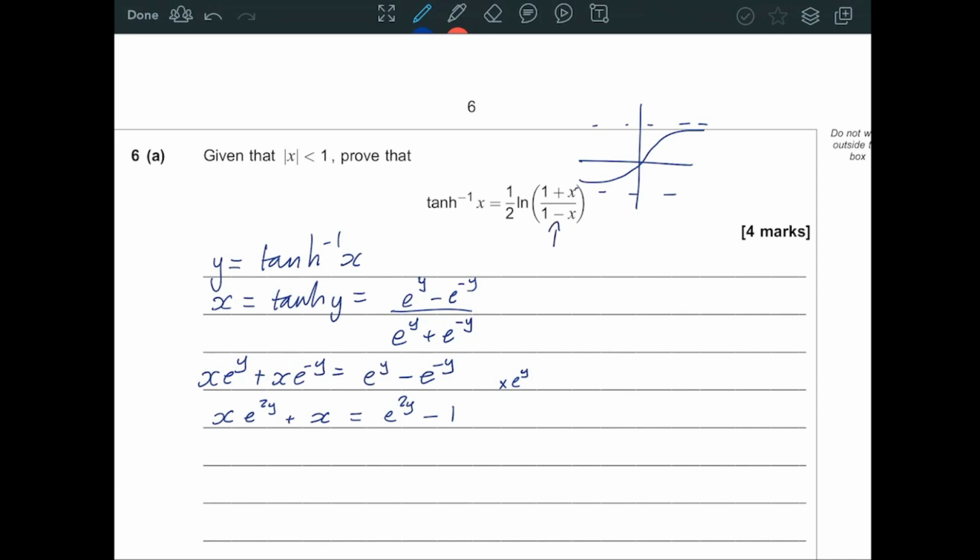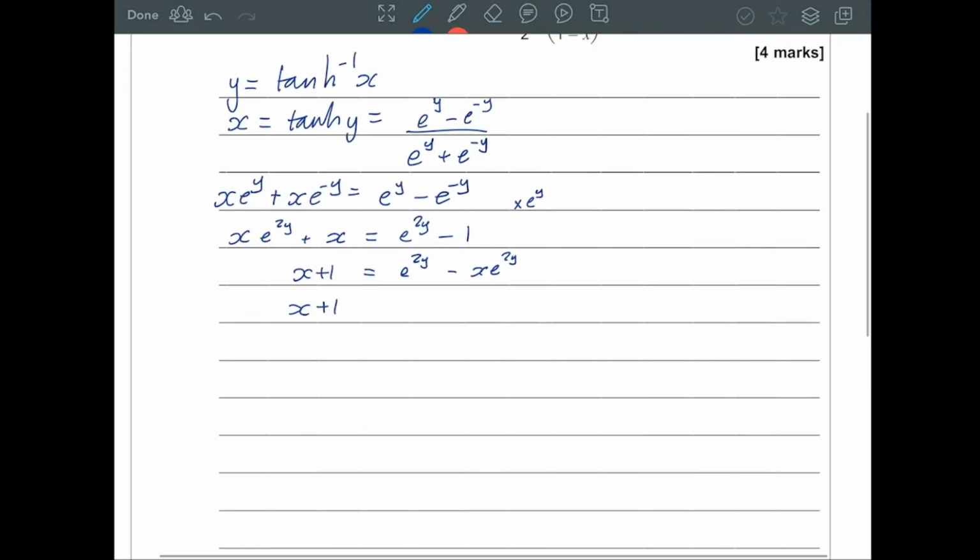I'm going to have a quick look at the answer, and I can see in the answer that there's an x plus 1 and a 1 minus x, which is hinting that I should move the 1 over there and bring the x e to the 2y on this side. And this is going to allow that 1 minus x to appear much more clearly. Otherwise, I'll get an x minus 1 and have extra negatives that I didn't really want.